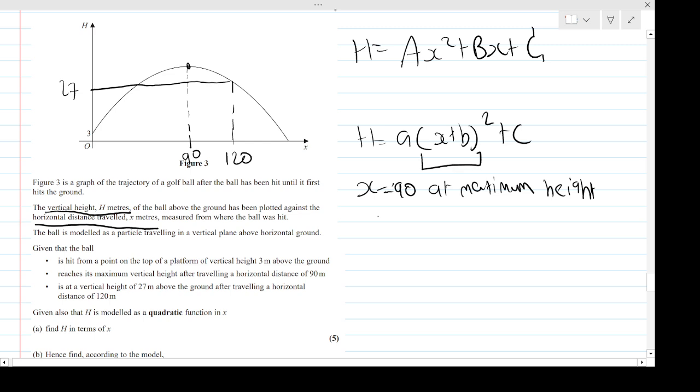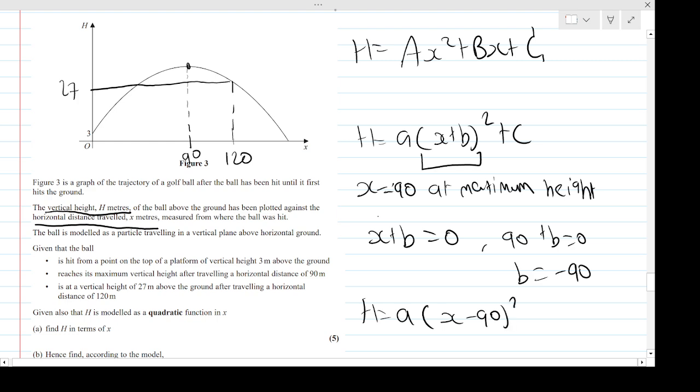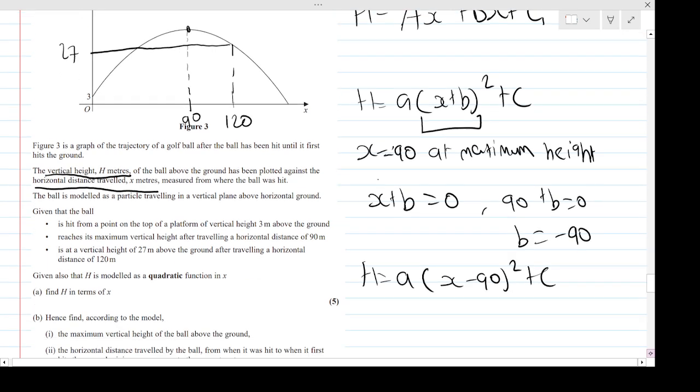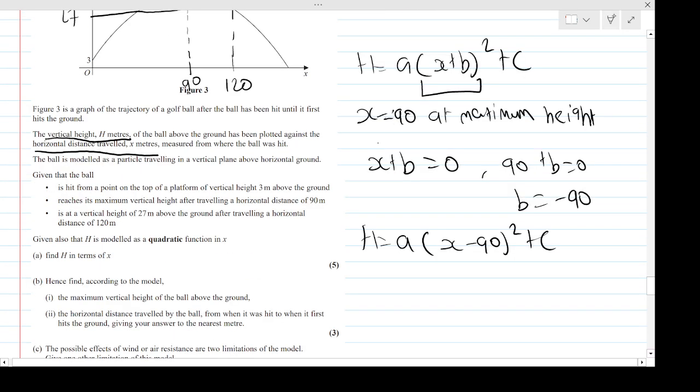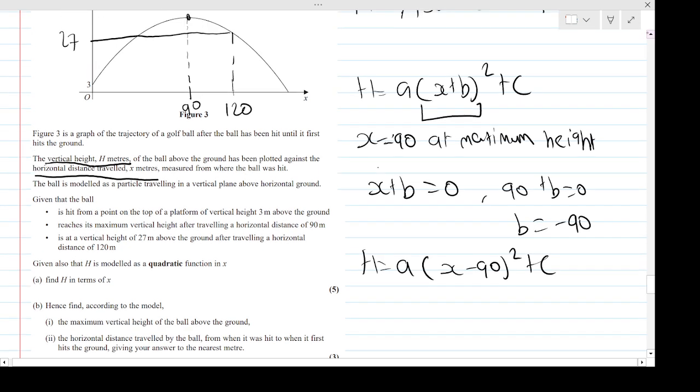When the maximum height happens, that means the whole bracket is set to 0. So if x is 90, then x plus b has to equal 0. We know that happens when x is 90, so 90 plus b is 0, therefore b is minus 90. So we can fill that in to say h is a lots of x minus 90 all squared plus c. So we found b already, cool. We're off to a good start.